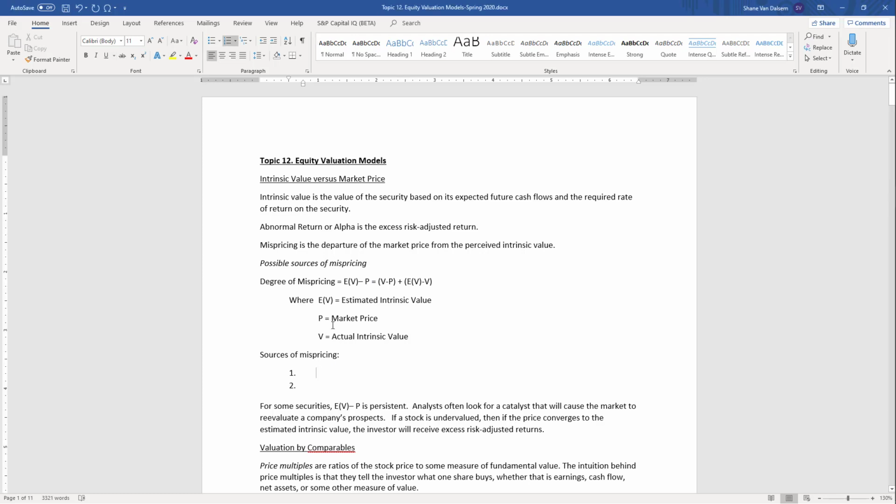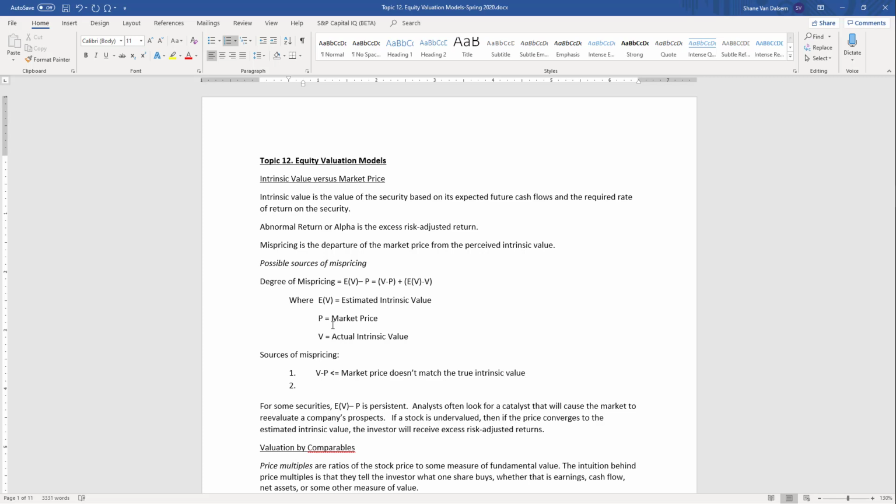V minus P means that for this stock, the market is inefficient, that the market price doesn't reflect the actual, sorry, true intrinsic value. And that's what analysts are looking for.